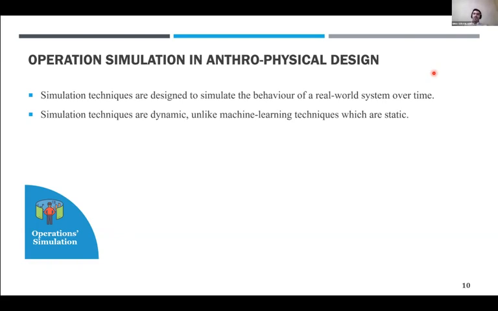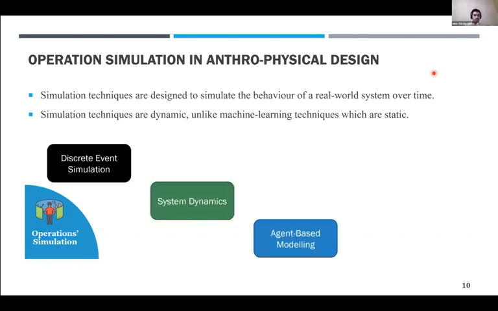We can see how people behave over time. I can see the difference between day and night, and daytime and evening, and what happens over time, or how the situation evolves as you're, for example, doing a workout in your room, in terms of the temperature of the room. There are different methodologies for simulation. One of the oldest, maybe outdated now in many applications, is discrete event simulation.